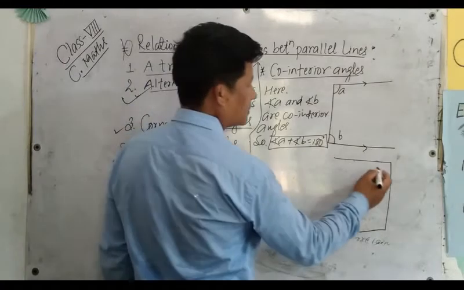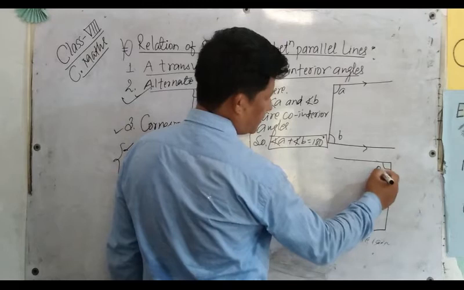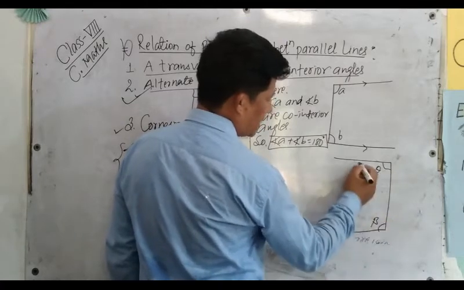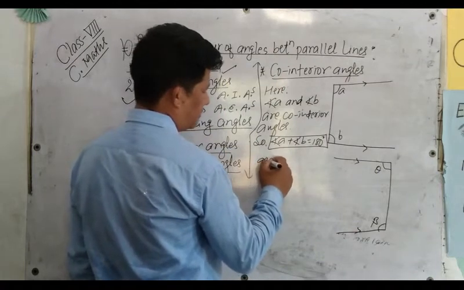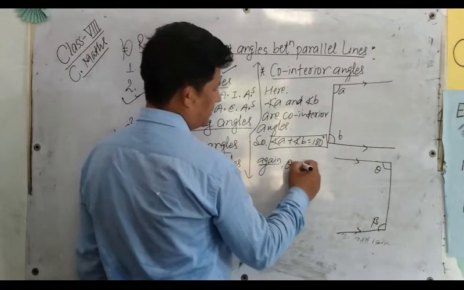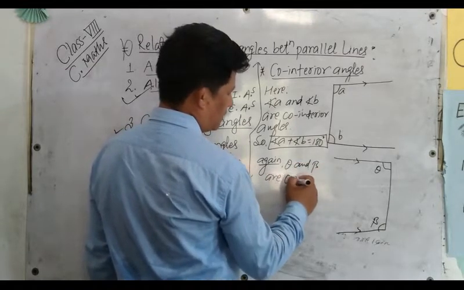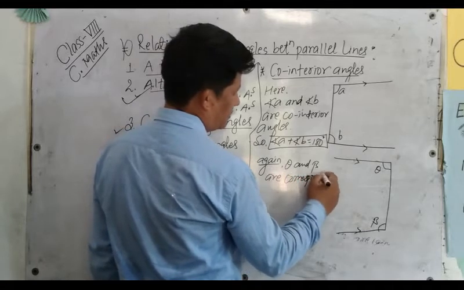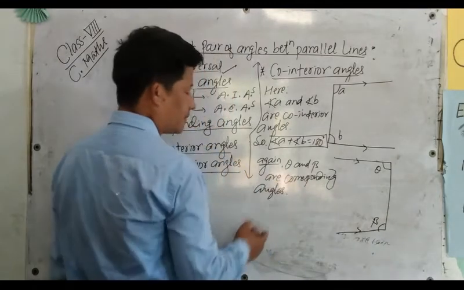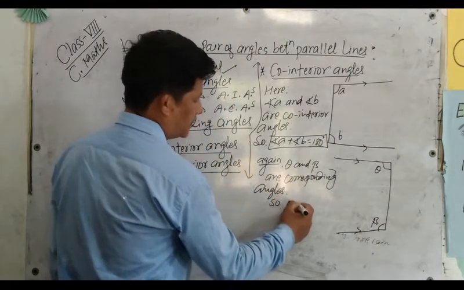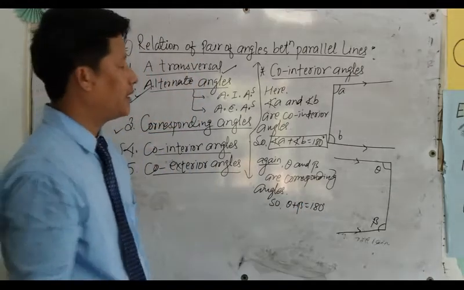If this angle is theta and this angle is beta, then again we can say that theta and beta are co-interior angles, so theta plus beta must be equal to 180 degrees.